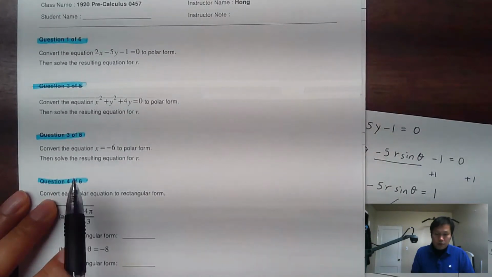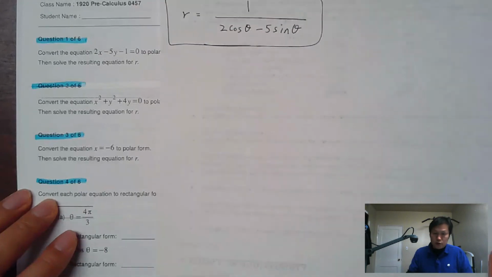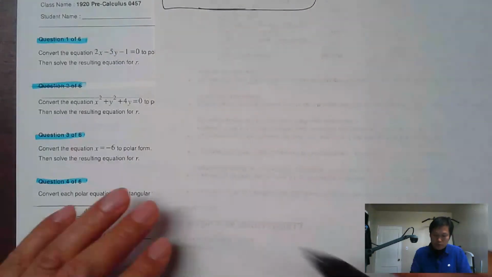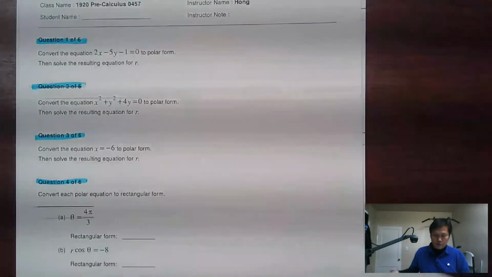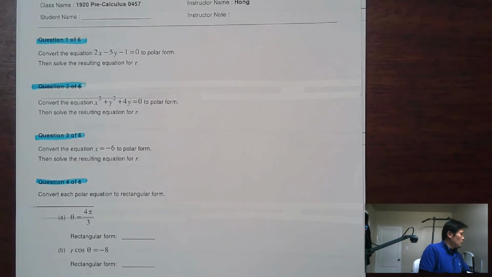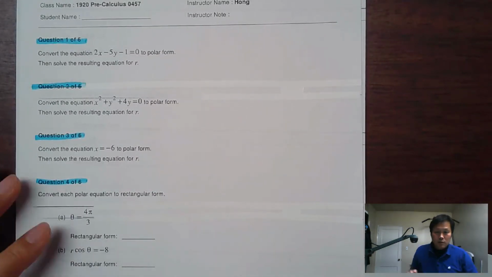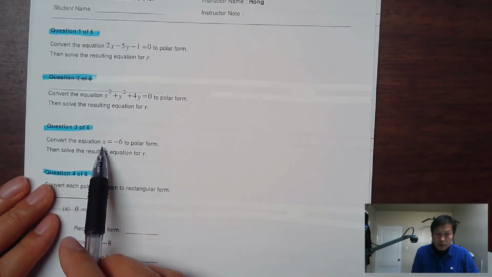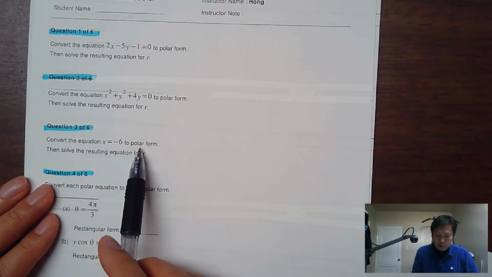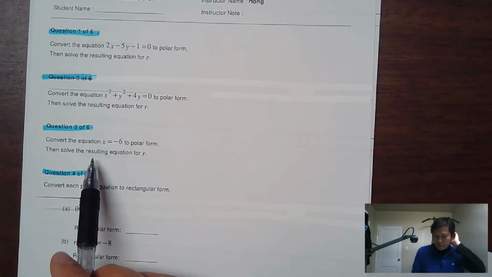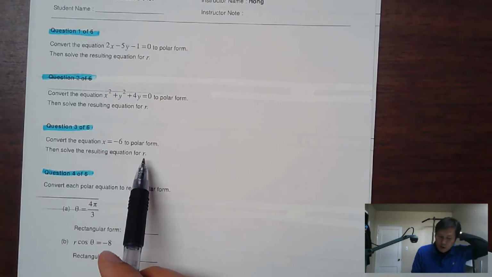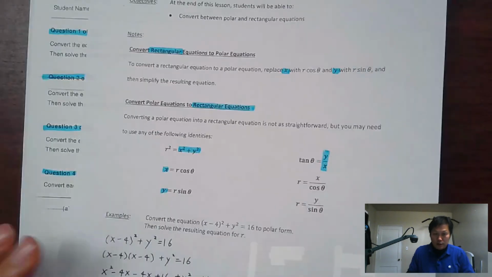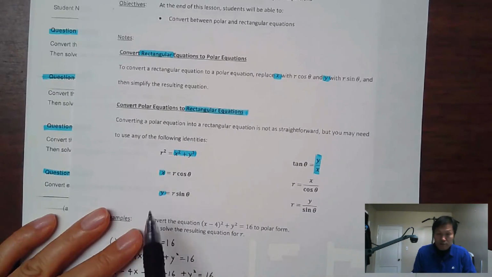Another style of question you should be able to do will be something like this. Number 3: convert the equation x equals minus 6 to polar form, then solve the resulting equation for r. Again, you're using this formula, x equals this, y equals this.